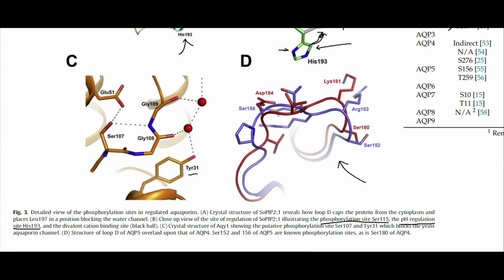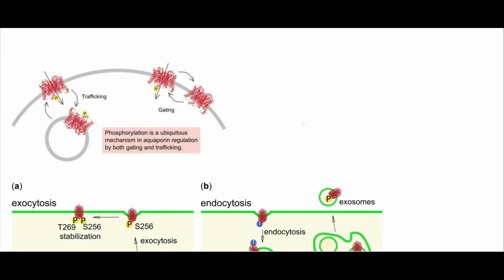And so there's this internal regulation using phosphorylation. But there is also phosphorylation and ubiquitination that can be used for controlling the expression of these proteins.